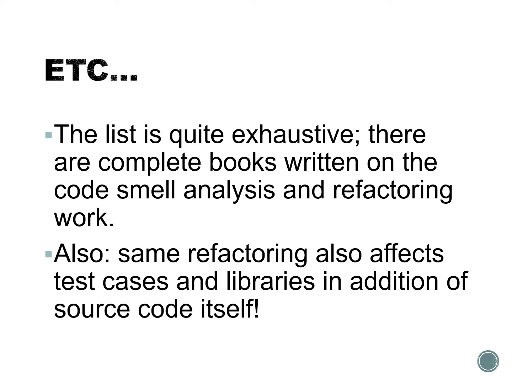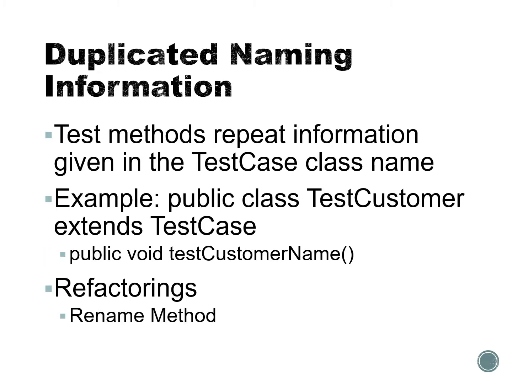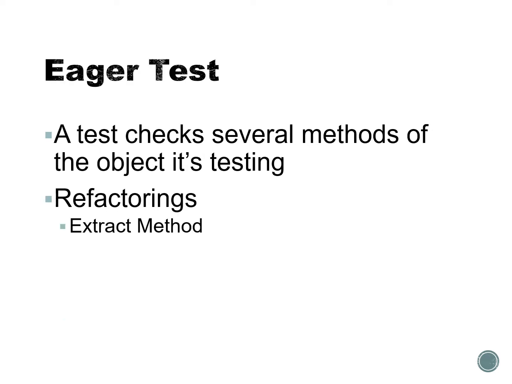Also, of course, keep in mind that your source code might not be the only place which smells. There's several things, for example, the test cases, automated and manual, and also the libraries you use. Mostly saying that if you are using a library which doesn't actually do all the things it's expected to do, then you probably shouldn't be using that. But still, there are things for test methods like duplicated naming information, causing problems, or eager testing.